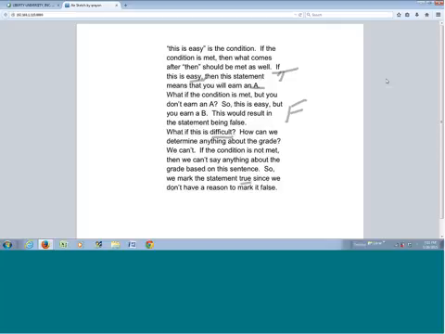If the condition is not met, it's considered a true statement because we have no justification for saying the statement's false, because we don't have the condition met to see the result of the condition. So the only time a conditional is false is if the condition's met, but what comes after the then doesn't happen.